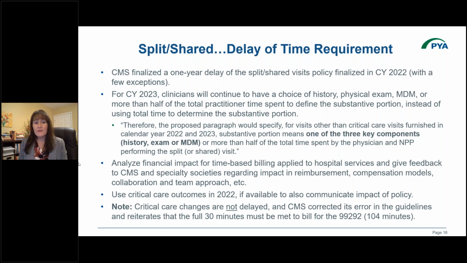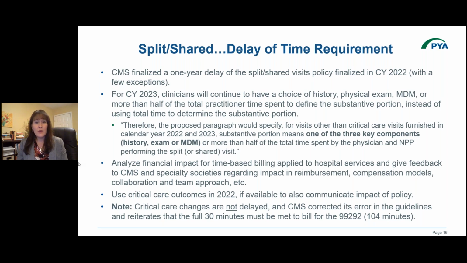The problem with this is that we've had a change in guidelines as of January 1, and meeting one of three key components has a different definition starting in 2023, whereas in the 1995 and the 1997 guidelines, we had a structure to identify what is the complete history or exam that would have to be supported by the physician. Now, the summary does not say complete, but the 2022 final rule does.